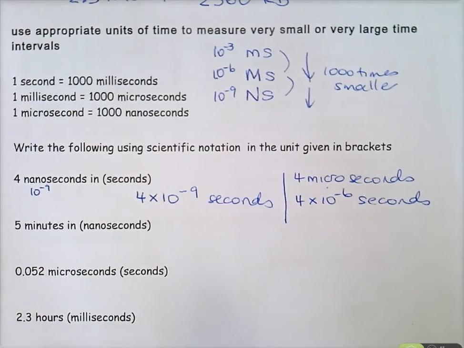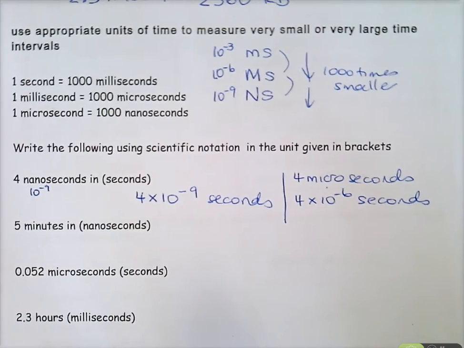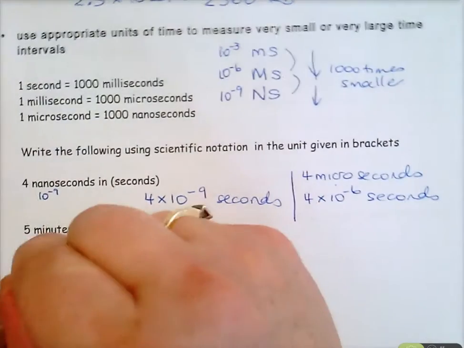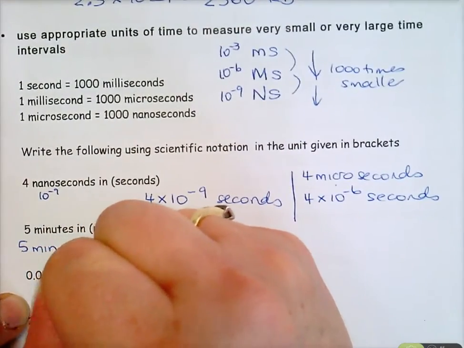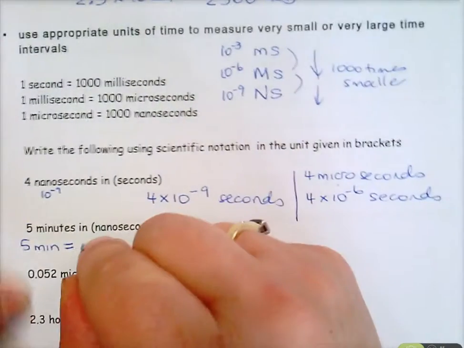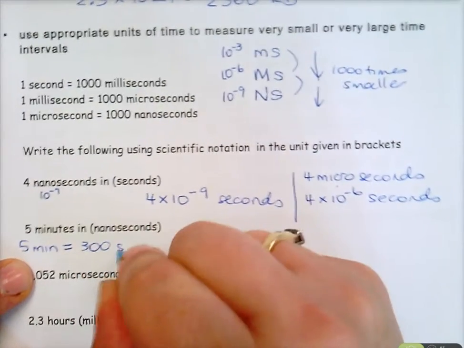Now, if you have to write 5 minutes in nanoseconds, what are you going to do? Don't worry about the nanoseconds. Can you write 5 minutes in seconds for me? 5 minutes is how many seconds? What are you times it by? So it's 300 seconds.